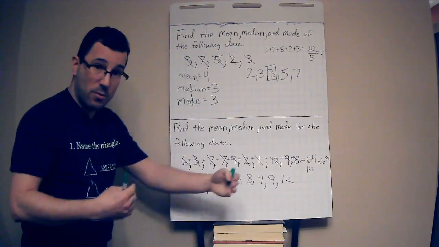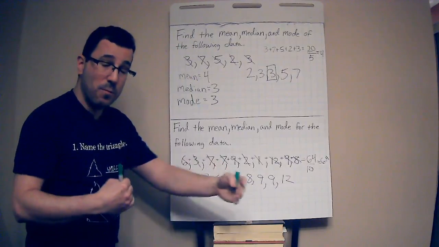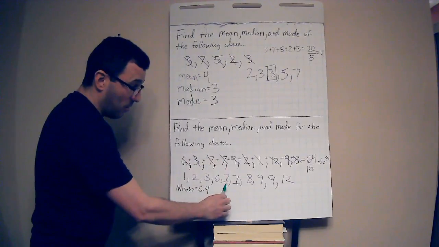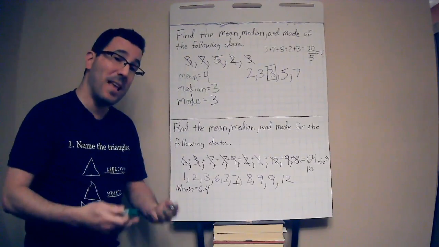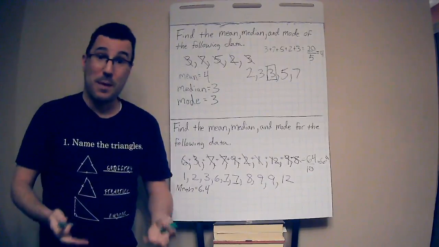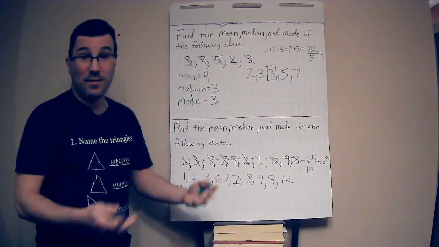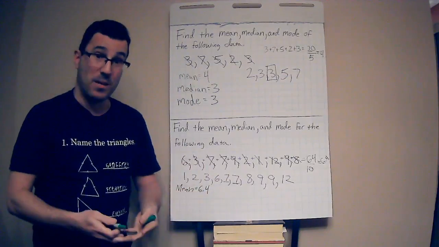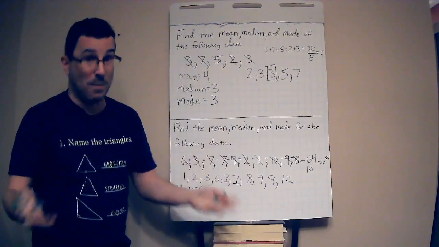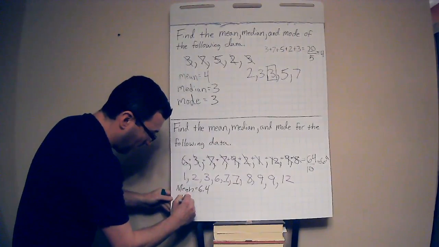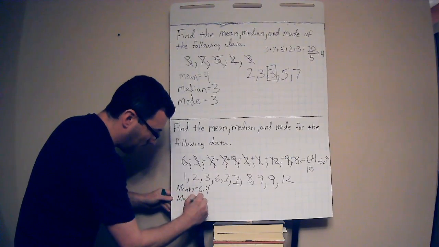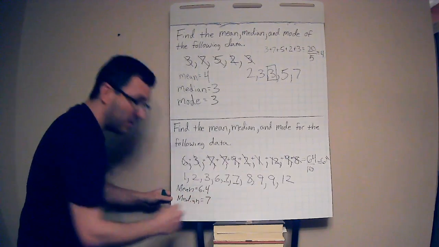They're two different 7s because they're two different pieces of data. So I don't just write 7. I have to find the average of those two. This just happens to be really easy. I've got a 7, I've got a 7, add them together, 14, divided by 2, I'm back at 7. So here, my median is going to be 7.